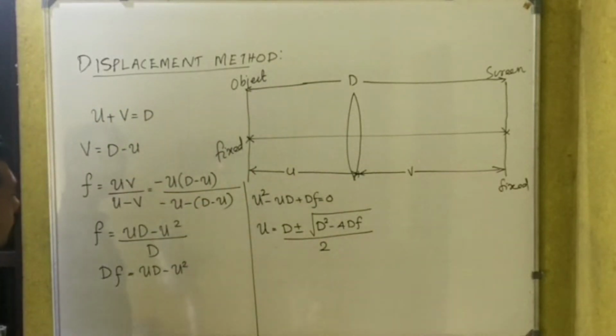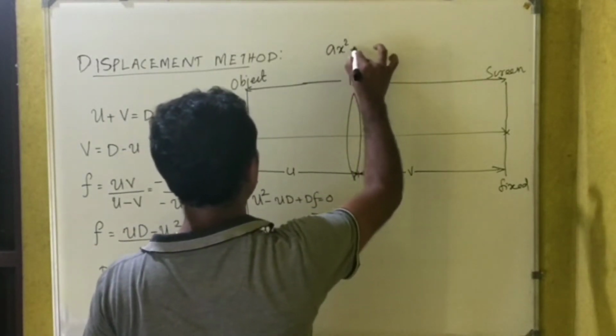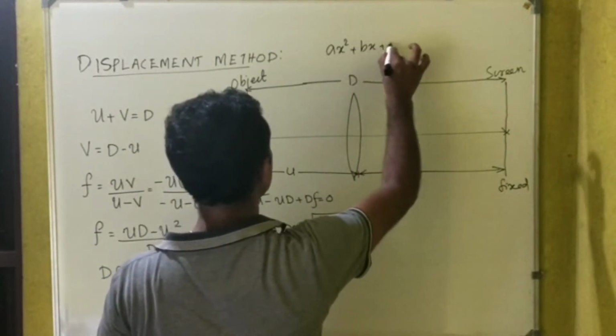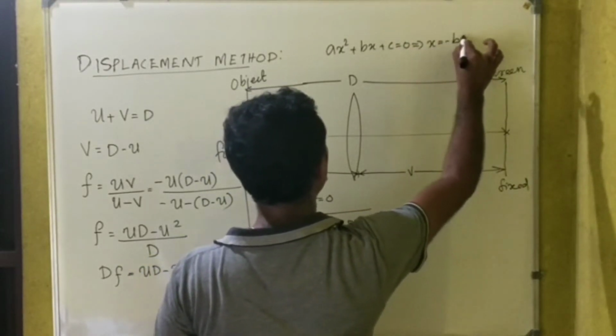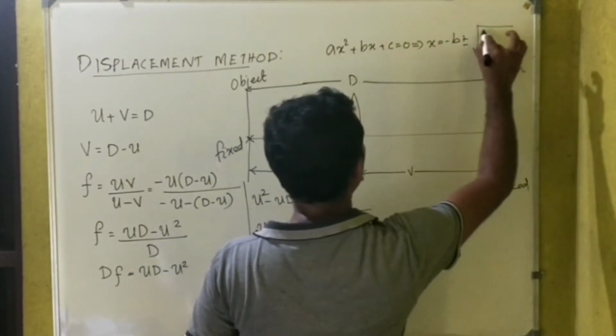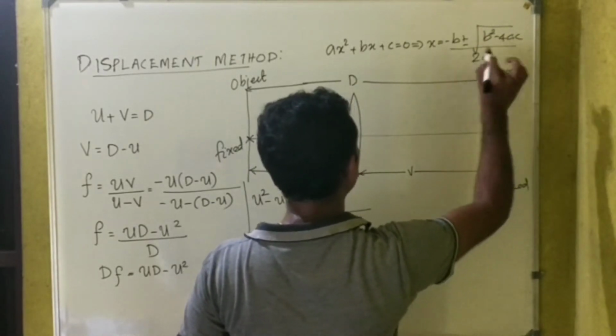Now here I use the equation: if the equation ax square plus bx plus c is equal to 0, it implies x is equal to minus b plus or minus root of b square minus 4ac divided by 2a.